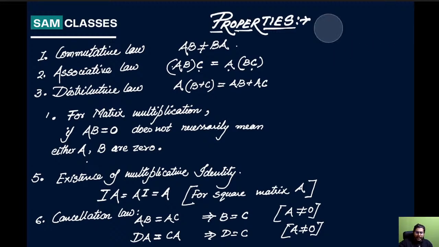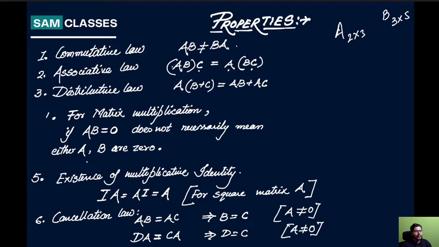So let's take an example. Understand A is 2 cross 3 and B is 3 cross 5. So if I see AB, is AB multiplicable in this case? Tell me everybody. I have taken A, which is 2 cross 3, and B, which is 3 cross 5. Is AB multiplicable?